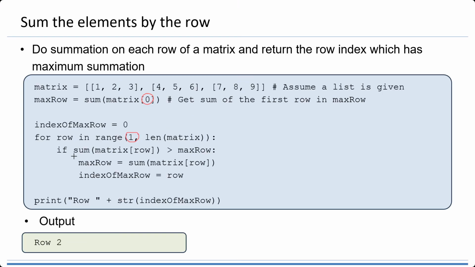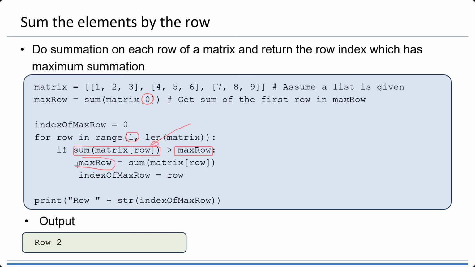We can check if the summation of index 1 is greater than the summation of index 0, then it means this one is the maximum. If this one is the maximum, then let's change the order.